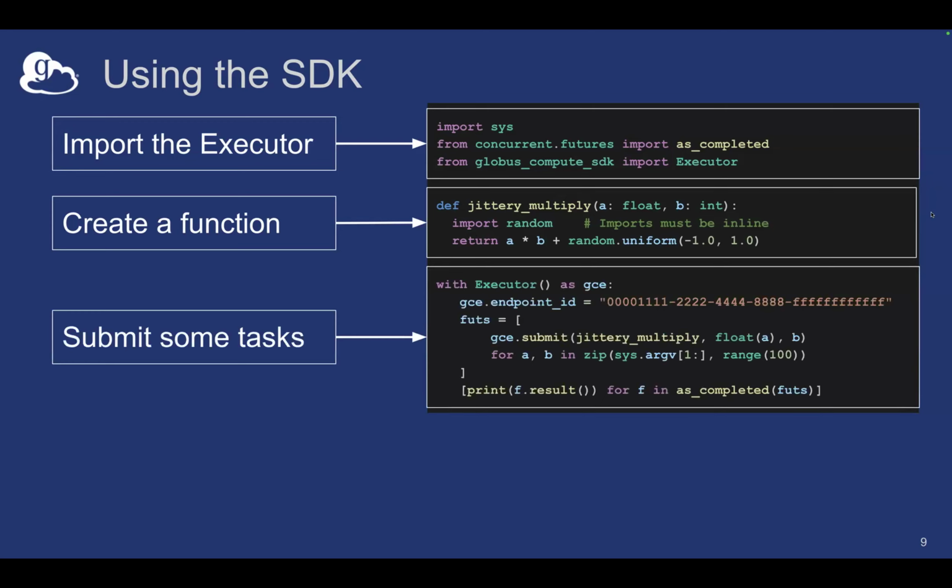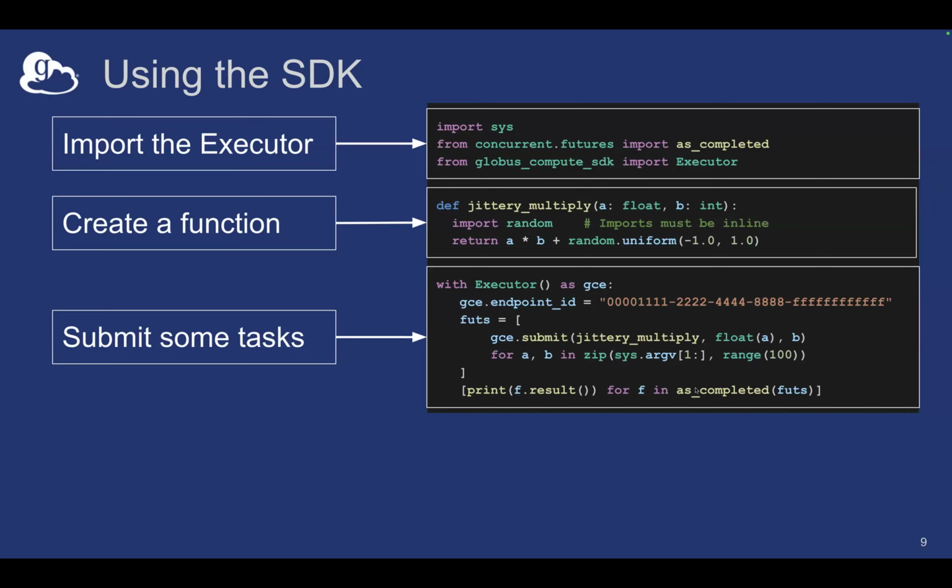And we'll submit some tasks. So we have the executor. The executor is modeled after the standard Python executor, so if you're familiar with that interface, it's very similar, with some notable differences like being able to specify an endpoint ID. We then compile the futures here, and we are calling gc.submit. This is where we include the callable, again very similar to the Python executor. We have some arguments for the function, and we are then going to print the results as they are completed, which is a blocking call.